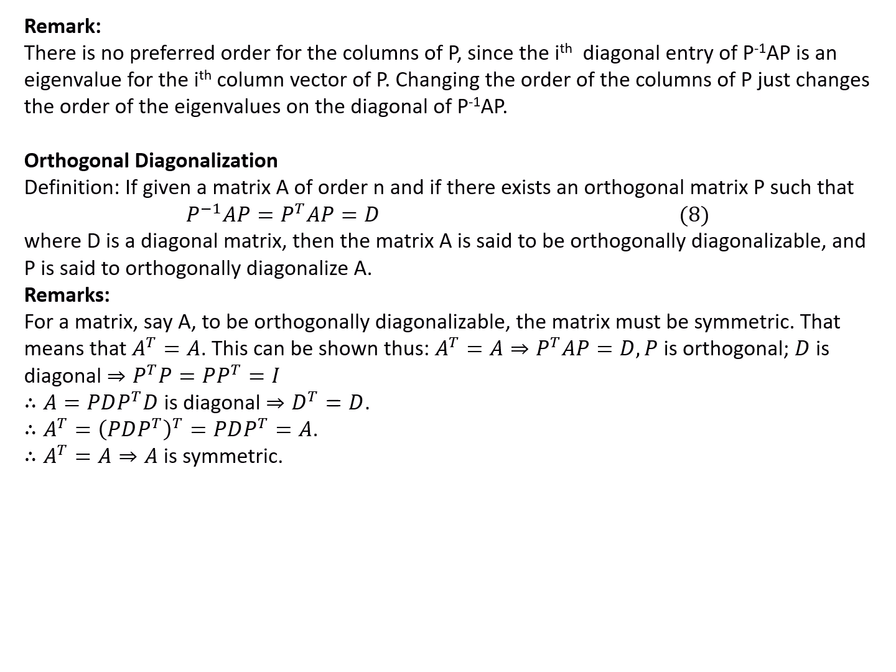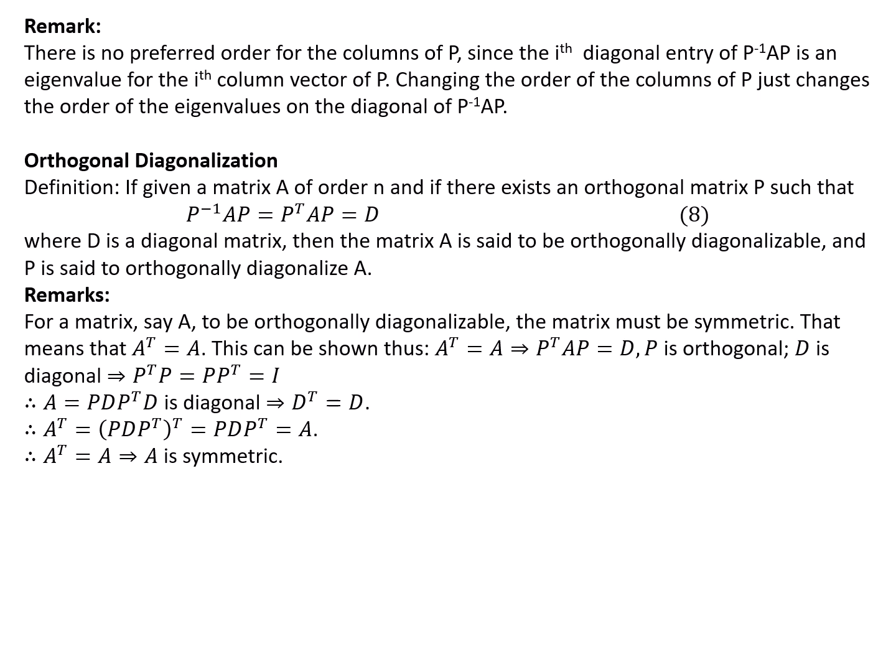So for a matrix to be orthogonally diagonalizable, the inverse of P multiplied by AP must be equal to the transpose of P multiplied by AP, and both must equal the diagonal matrix. That is the definition, where P is the orthogonally diagonalized A.